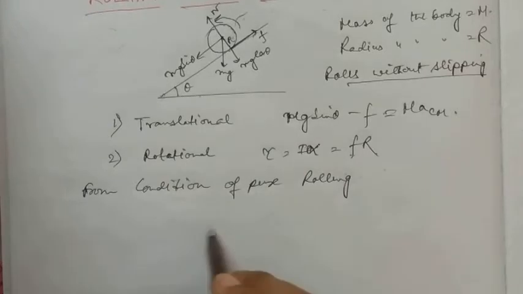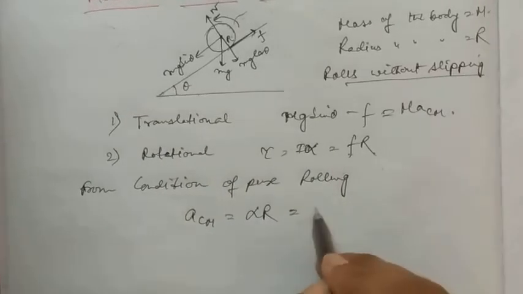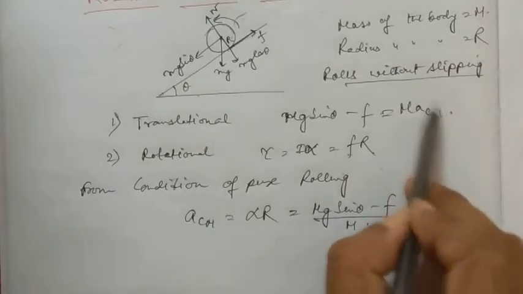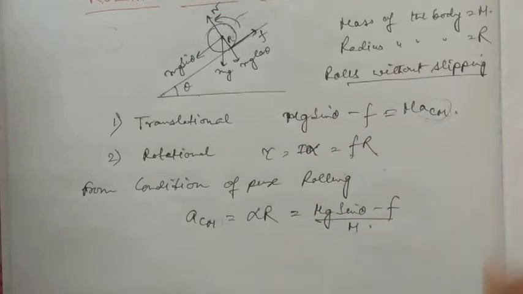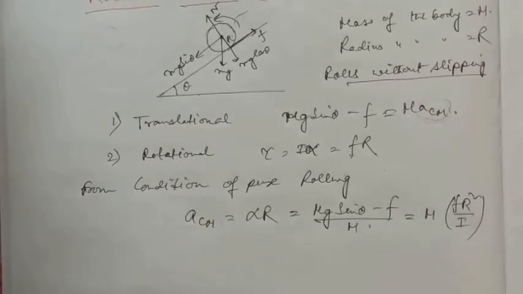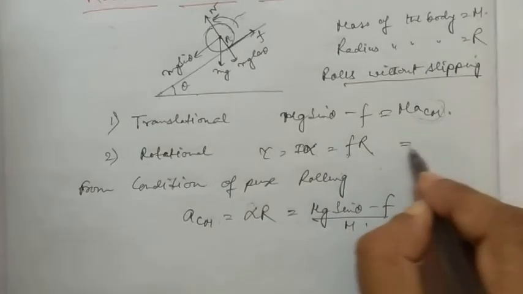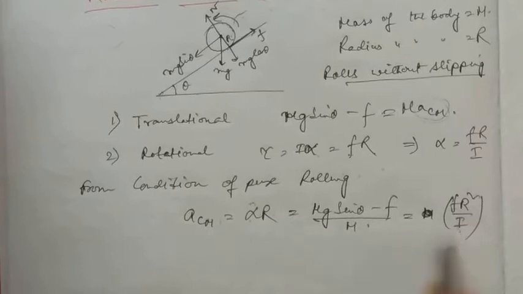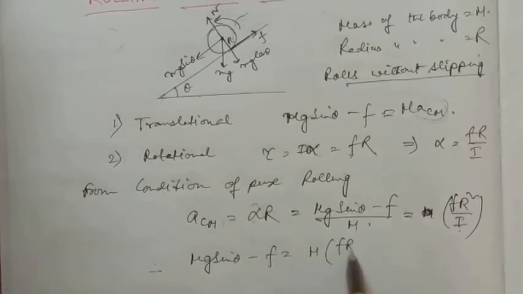From the condition of pure rolling, A_CM is equal to alpha R, or (mg sin theta minus F) by M. This A_CM, we replace with the value here: (mg sin theta minus F) by M. So alpha R is equal to (mg sin theta minus F) by M, which is equal to F R square by I, because we are replacing the value of alpha from the rotational equation, alpha is equal to F R by I. So alpha R is F R square by I. So mg sin theta minus F is equal to M into F R square by I.